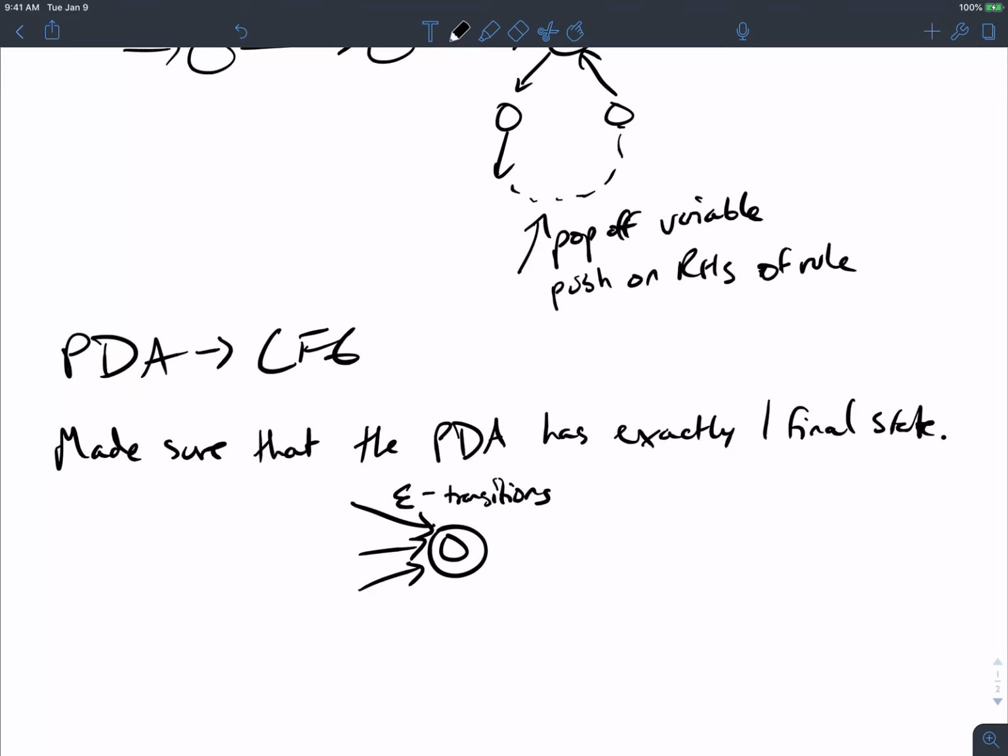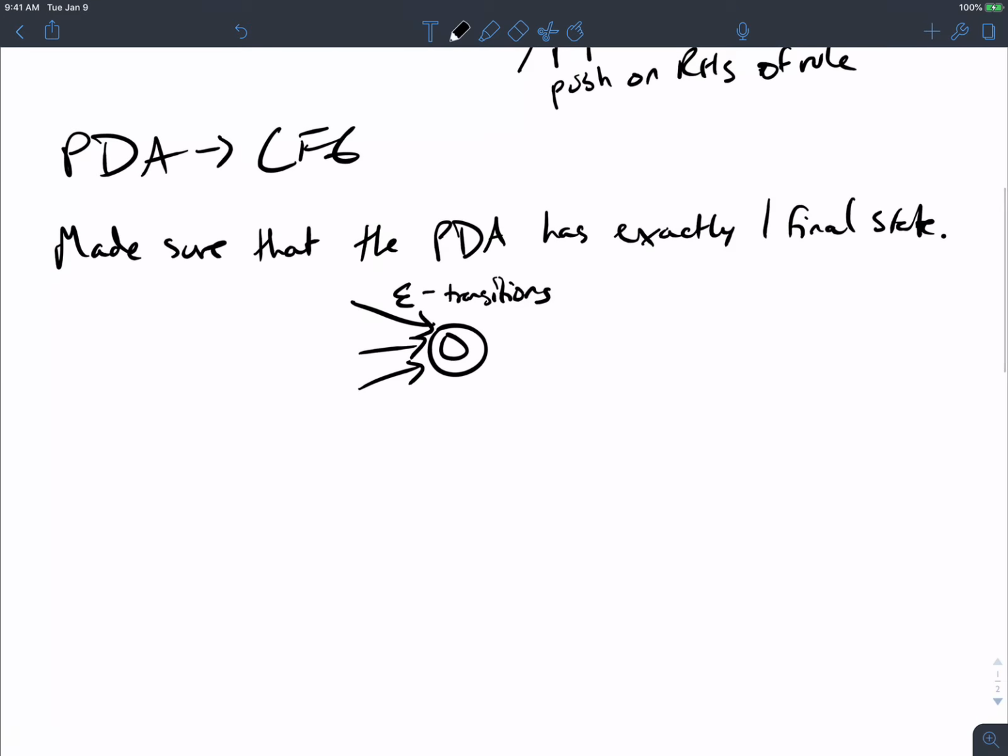So if we look at the strings that are accepted, they start in the start state and go to the final state, because there's only one of them. So what we thought of is, if we want a CFG for this arbitrary PDA, what we need is for the CFG start variable, whatever that is, to represent all the strings that take us from the start state to that single final state.